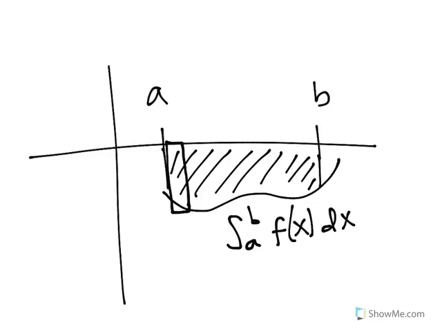But if you use the function value, if you say delta x times f of x subscript i, when you have a value below the x-axis, the f of x subscript i down here is actually going to be a negative value. And so you're going to have a whole bunch of negative values that you're adding up.